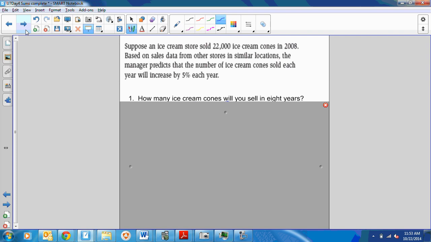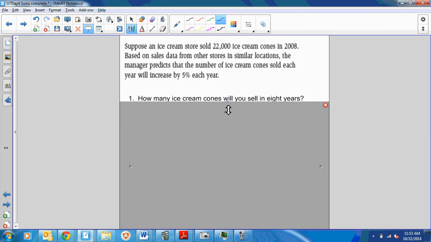Here's an example of where this might be found. You have an ice cream store that sold 22,000 ice cream cones in 2008. The manager predicts the number of ice cream cones sold each year will increase by 5%. So this is a geometric sequence. And why I bring this one up is how we ask the questions. Number 1 says, how many ice cream cones will you sell in 8 years?